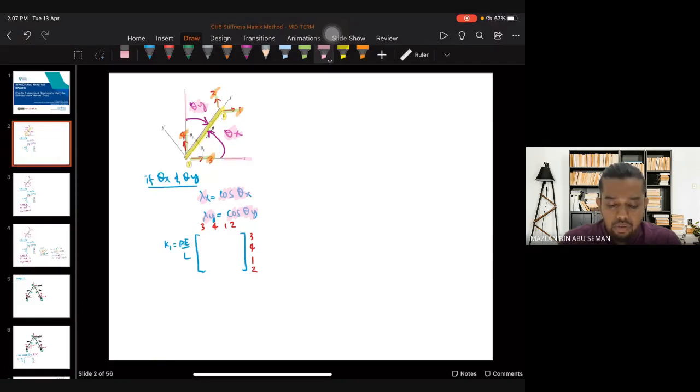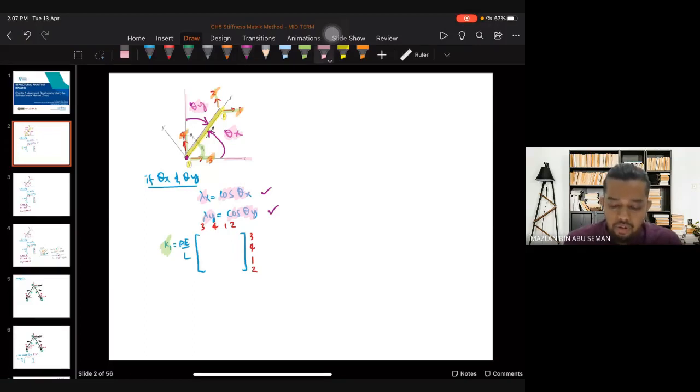Alright, then you can use the formula cos theta X and also cos theta Y, without knowing near or far. Like this one, you want to find the stiffness matrix for member K1 by using theta. So you take theta X and theta Y on this node.